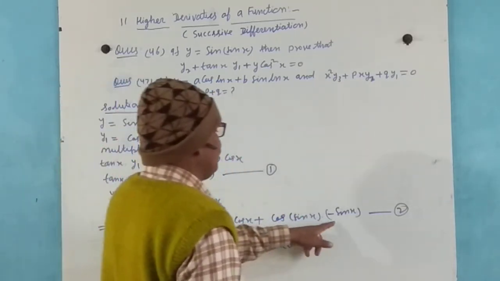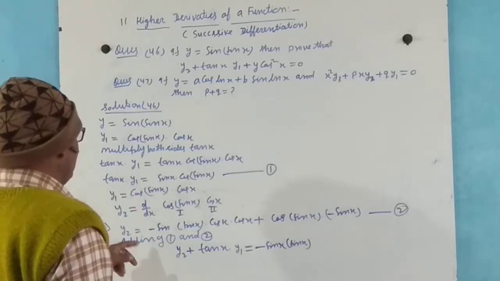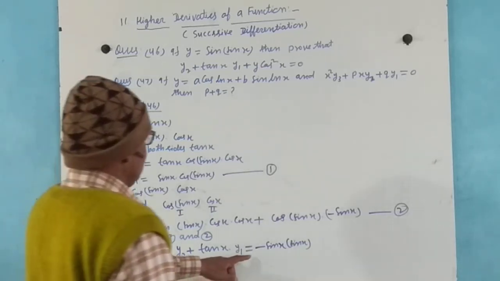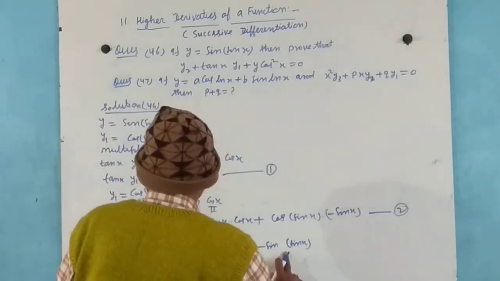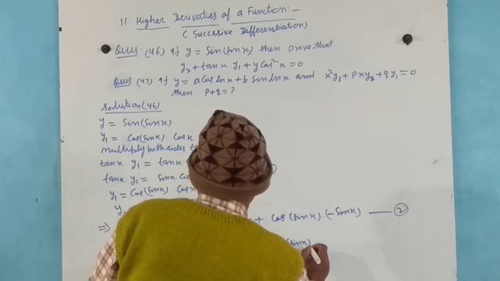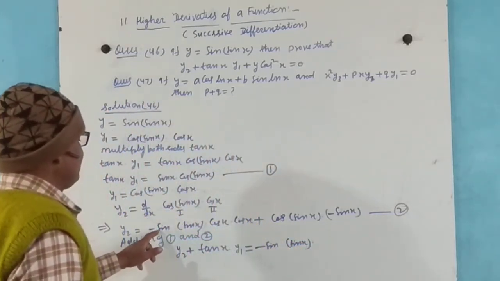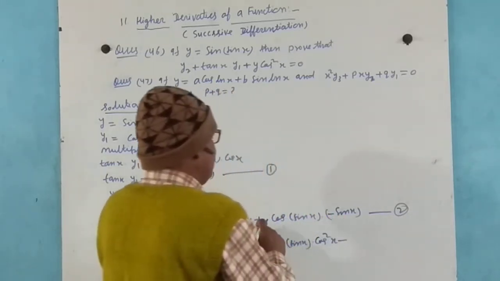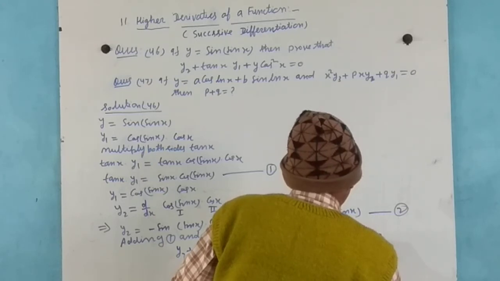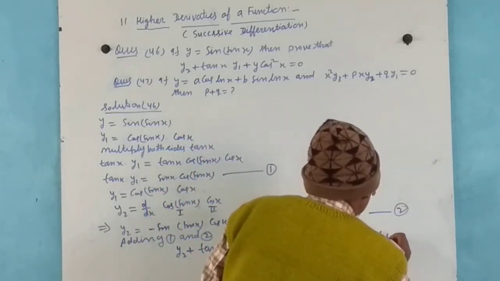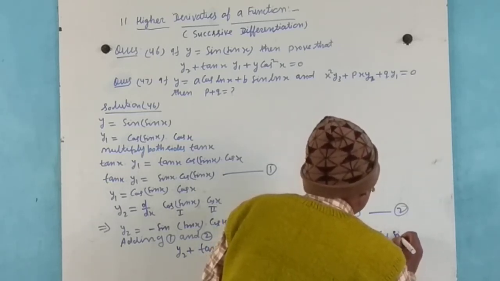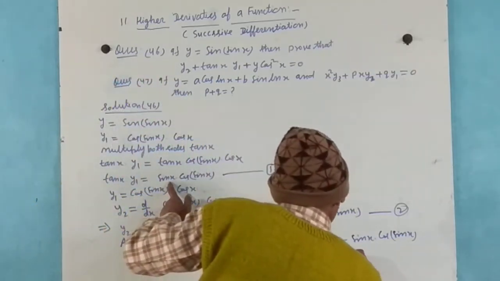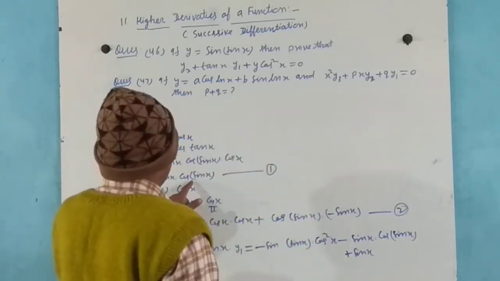Adding 1 and 2, y2 plus tan x y1 equals minus sin of sin x into cos square x, minus sin x cos of sin x, plus sin x cos of sin x.